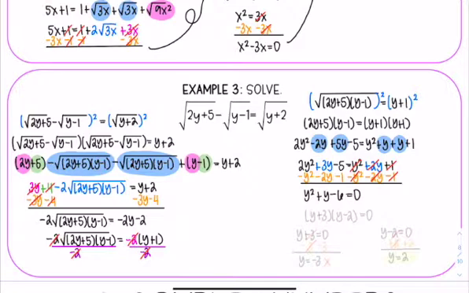And so we want to go ahead and factor this. This is going to factor as y plus 3 times y minus 2 equals 0. Let's go ahead and set each one equal to 0. In the first one, we're just going to subtract 3 from both sides.